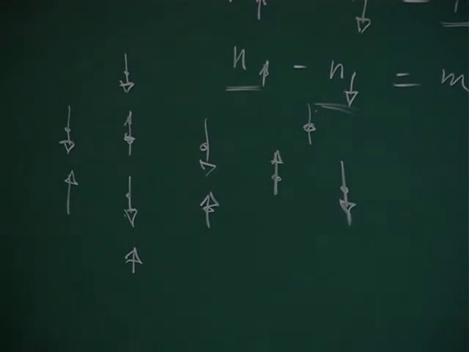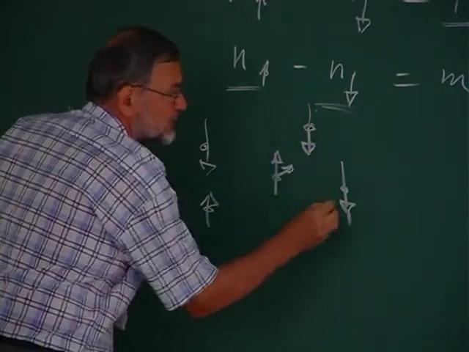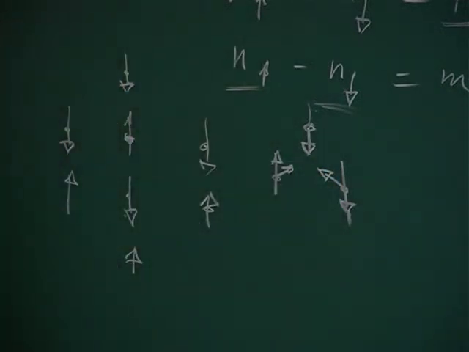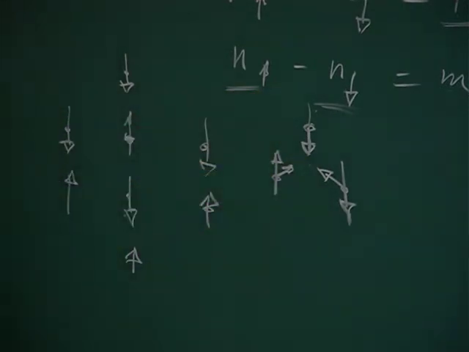So a favorable case, if it wants to be magnetic, is a non-collinear solution where the moments might be placed like this, pointing to the center, with an angle of 120 degrees with each other.